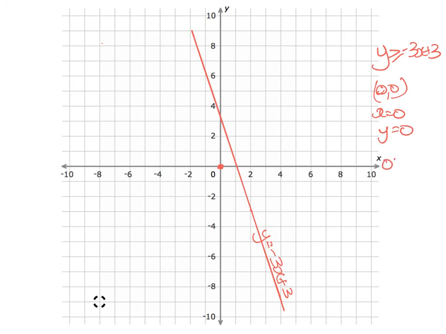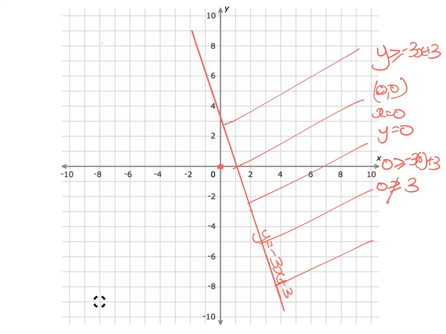So we'll get that 0 is more than or equal to minus 3 by 0 plus 3, which will give us that 0 is more than or equal to 3. And we know that 0 is not more than or equal to 3, so therefore we do not want that side to shade. We want to shade the other side of the line. So we'll shade the other side, which will be over here. And that would represent y is more than or equal to minus 3x plus 3.